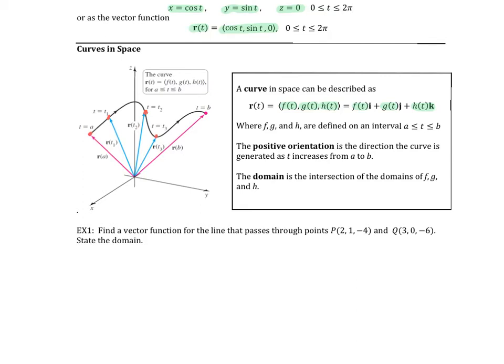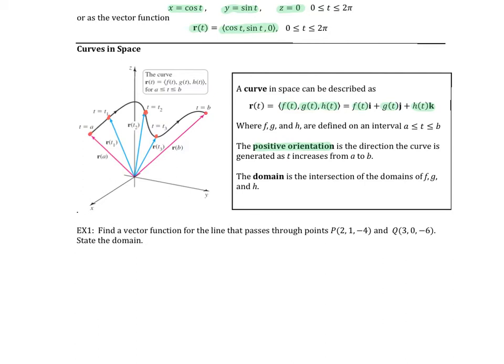As our t values go on in this particular example, it looks like our curve is generated from left to right. Remember in parametric equations, we talked about a positive orientation, and that would be the direction that your curve is generated as your t values get larger and larger.